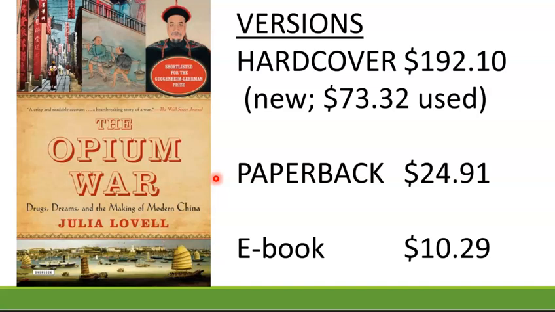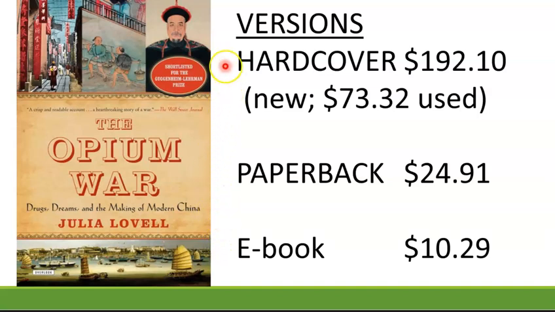But it also deals with the way in which the memory of that experience in China in the 19th century has been used by the Chinese Communist Party to shape the kind of nationalism that it wants to develop in China. Well, anyway, an interesting book. I won't go into the details of its contents.